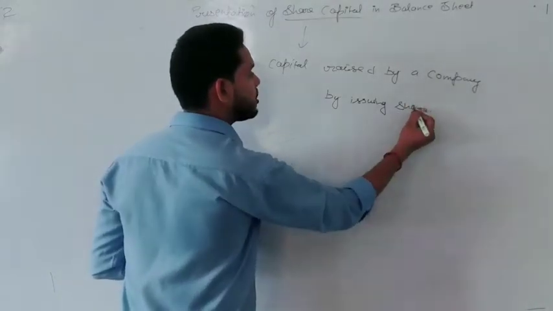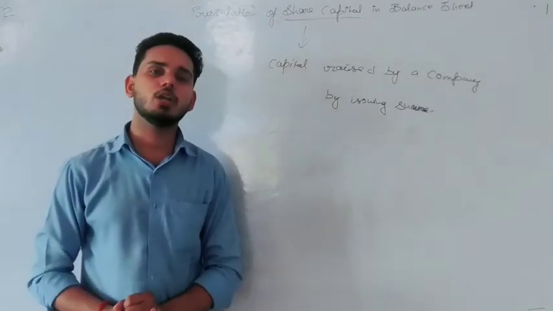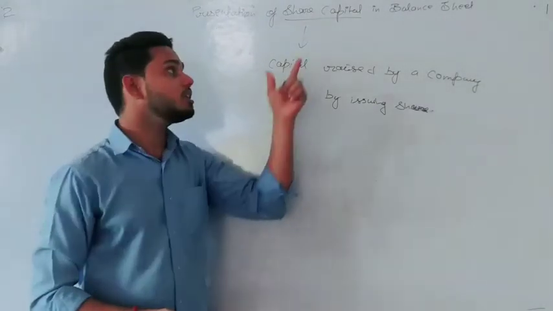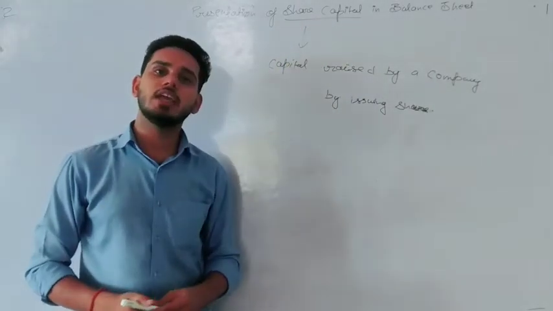What is a share? We have already understood that a share is the smallest part of the capital of the company. So share capital is the capital raised by a company by issuing share.